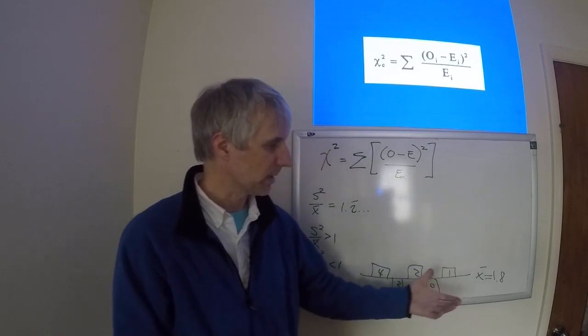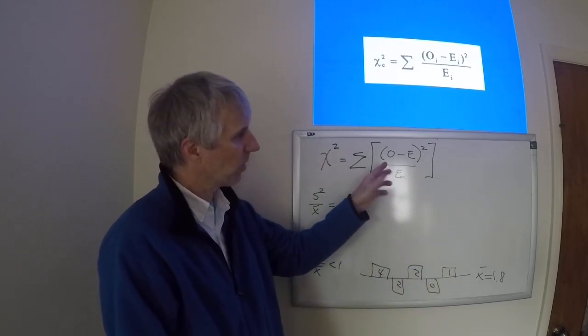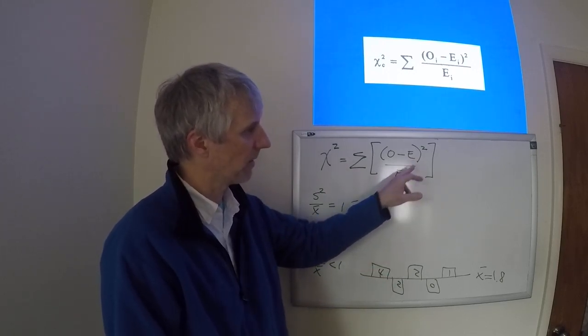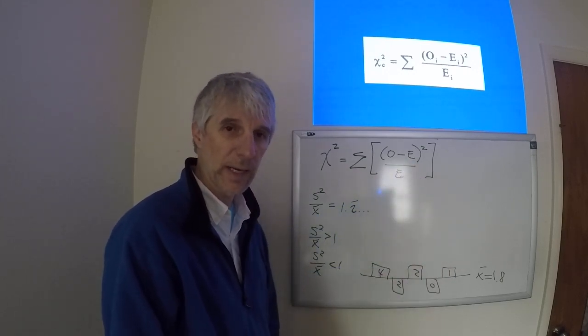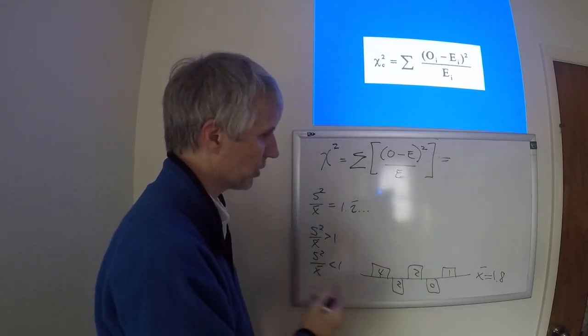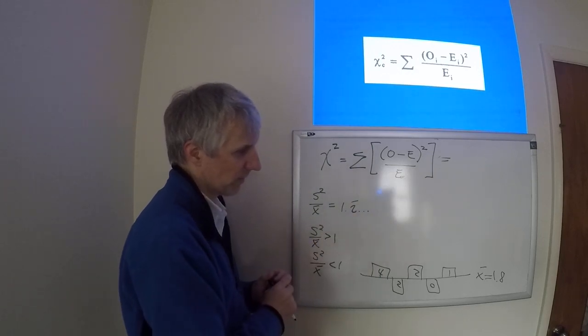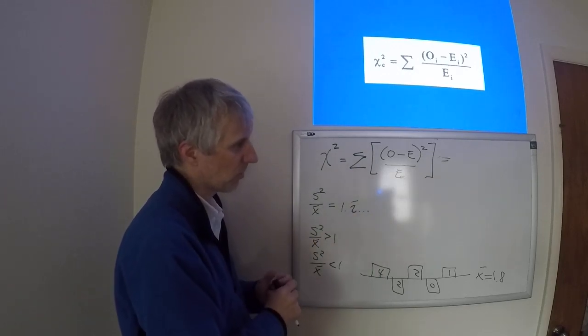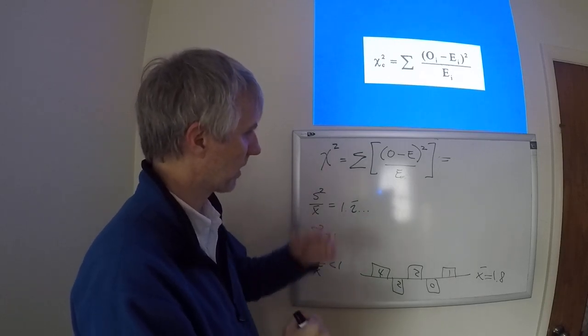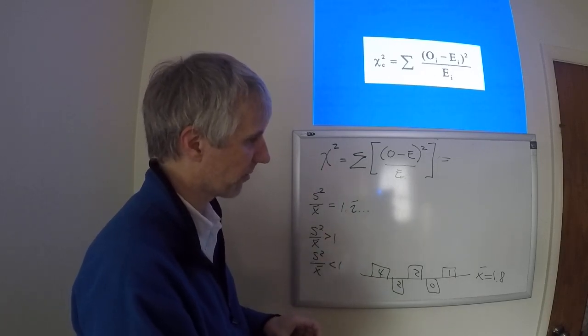What I expect is the average. So the observed would be the individual value for each quadrat, and the expected then becomes the 1.8 value. So that gives us a chain of measurements that we're going to have to sum up to get the chi-square value itself.